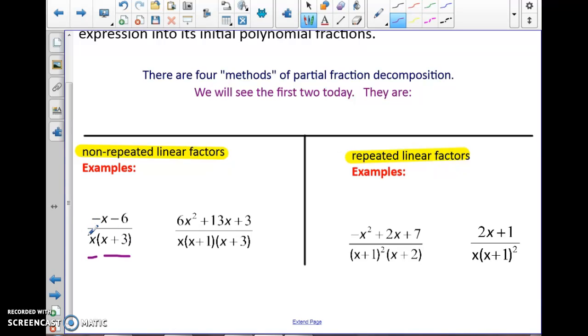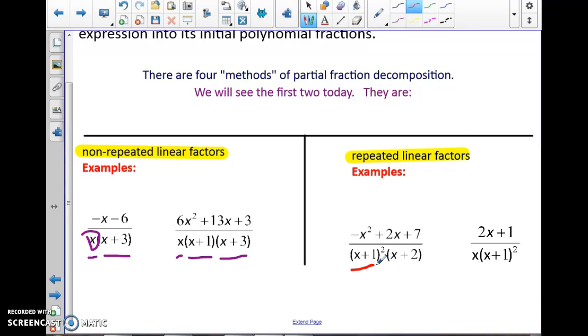There's this factor of x, so that's one factor, and then the factor of x plus 3. Those are linear factors, but they're not repeated. Same thing with this: I have x plus 1 and x plus 3, and those factors are not repeated. Versus over here on the right-hand side, we have these repeated linear factors.